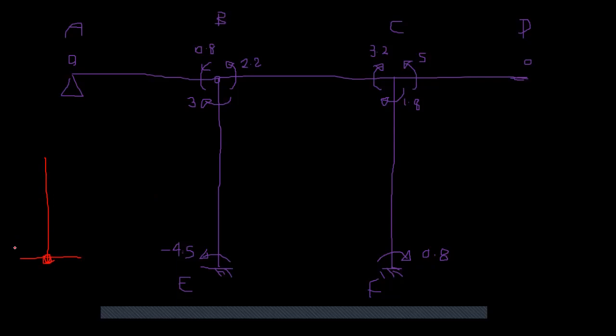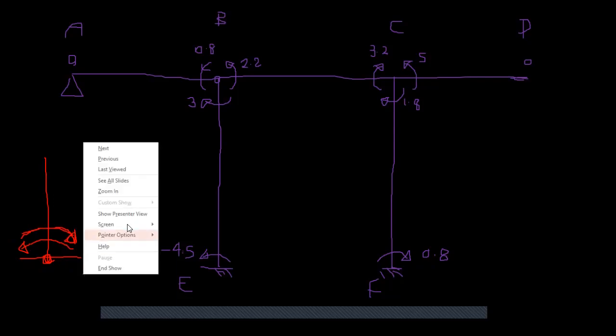If it is anti-clockwise direction, you draw only in this half. You don't draw in this part. Only half you draw. If it is clockwise, you can draw it in this way. Don't draw here or the full thing, right? So clockwise here, anti-clockwise here. That's how you draw it, right?